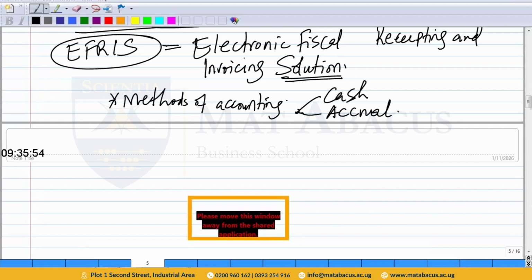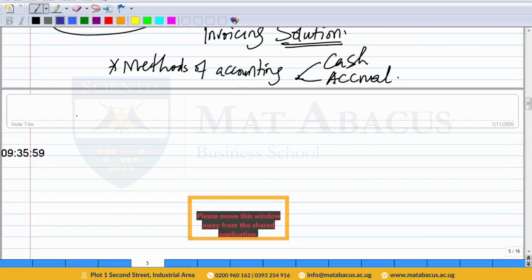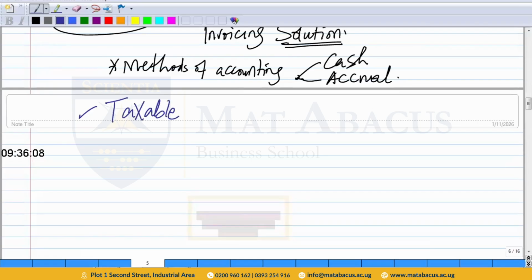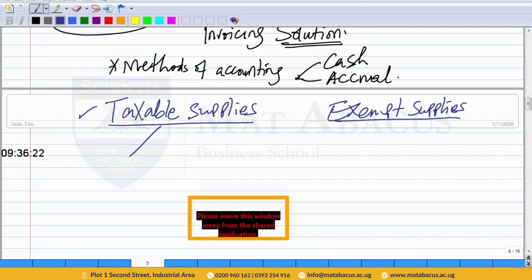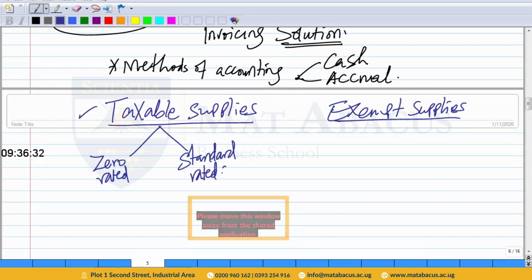We shall also come to learn that VAT is charged on taxable supplies. We shall look at taxable supplies and exempt supplies. Under taxable supplies, we have zero rated supplies and standard rated supplies.